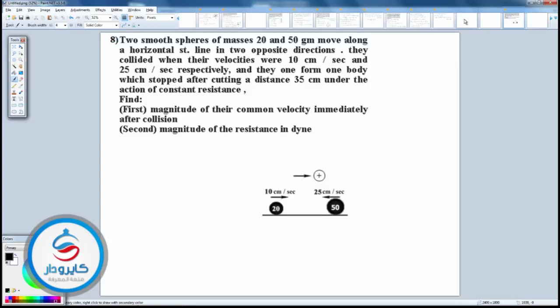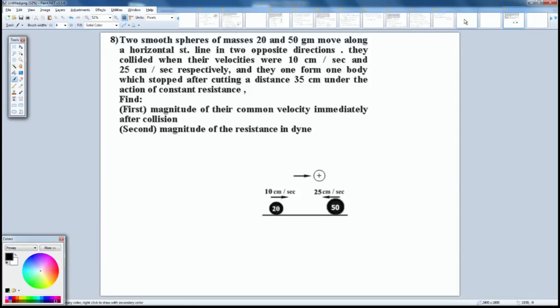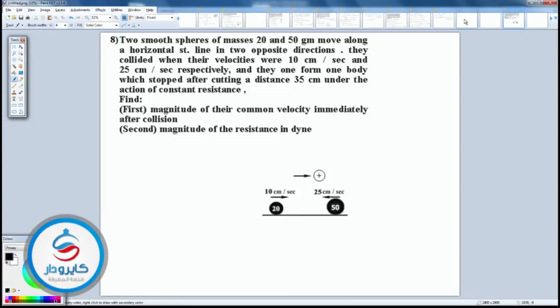They collided when their velocities were 10 centimeters per second and 25 centimeters per second respectively, and they form one body which stopped after cutting a distance 35 centimeters under the action of constant resistance. Find first, magnitude of their common velocity immediately after collision. Second, magnitude of the resistance in dyne.